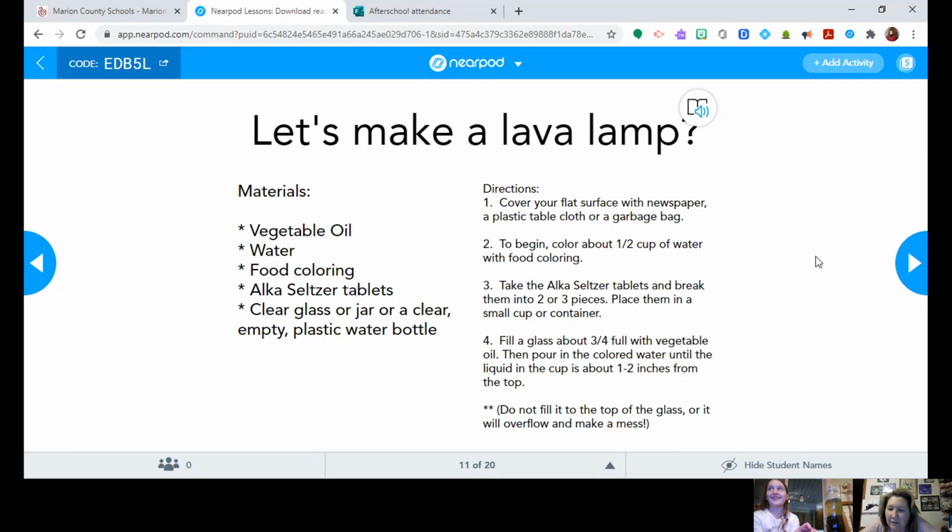Okay, so which of those liquids is more dense, water or oil? Water. How do you know that? Because the water goes down, and then the oil stays up. Right, and that's how we know.